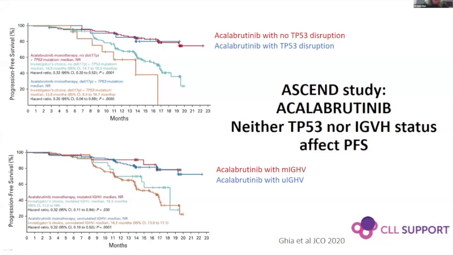So the IGHV status is not affecting the progression-free survival with acalabrutinib, just as it wasn't affecting the outcomes with ibrutinib in the long-term follow-up from the RESONATE study. And then in the top panel, you can see that the p53 is also not affecting outcome with acalabrutinib in this ASCEND study, so whether patients did or didn't have a p53 aberration.